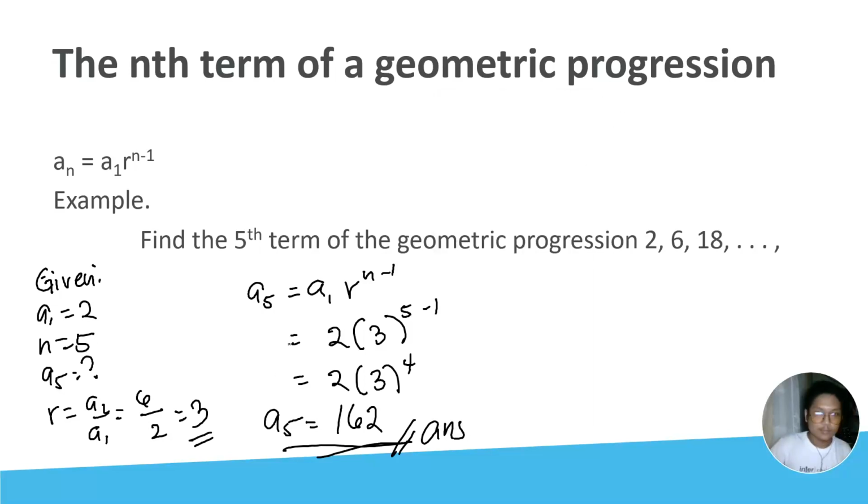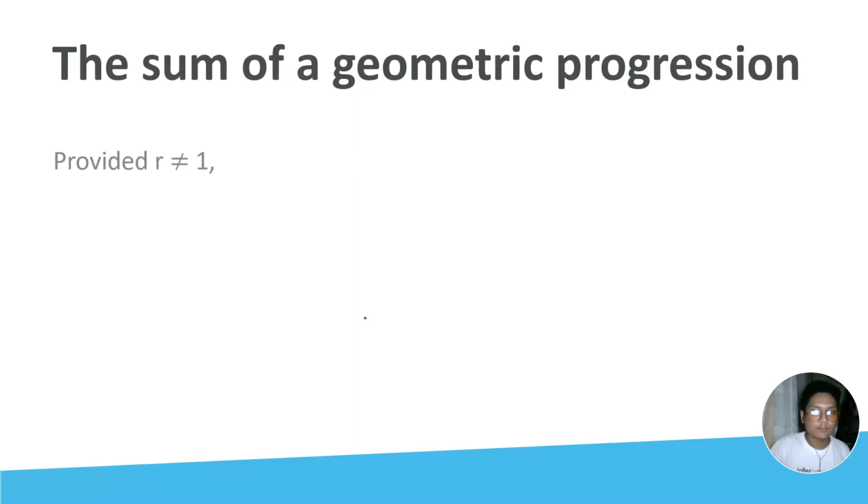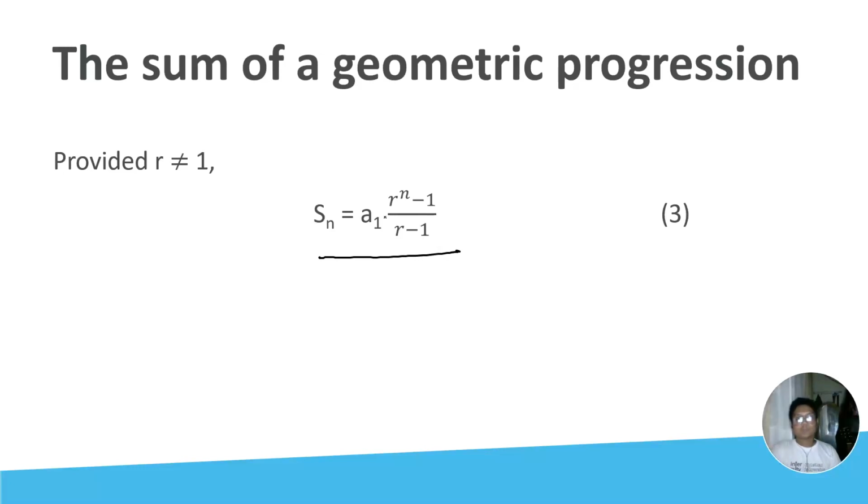Next, the sum of a geometric progression. So, para mahanap ang sum of geometric progression, if the common ratio is not equal to 1, ito ang gagamitin mo na formula. Okay, a sub 1 is to be multiplied by r raised to n minus 1 over r minus 1.